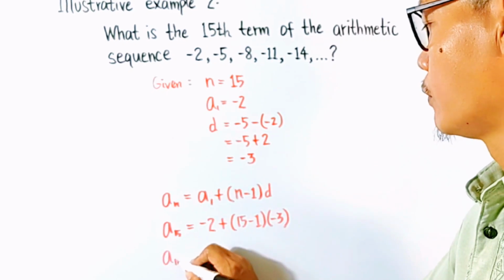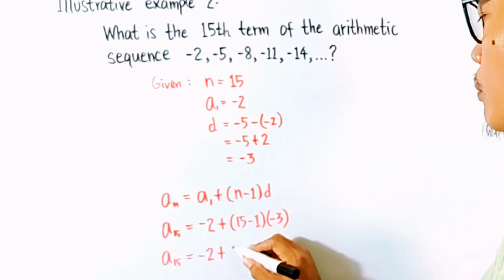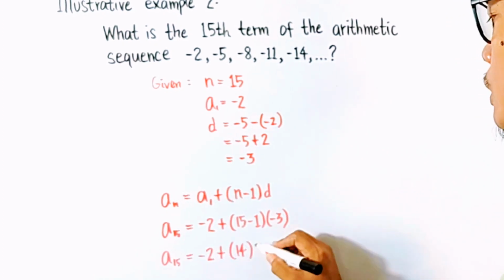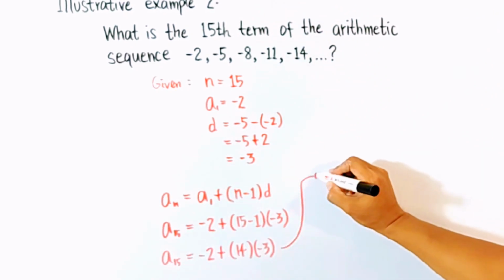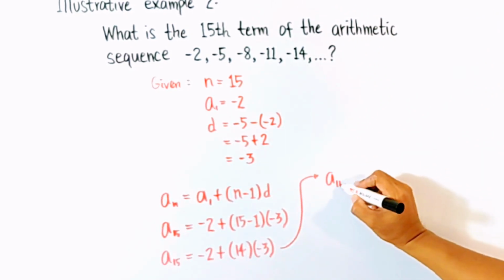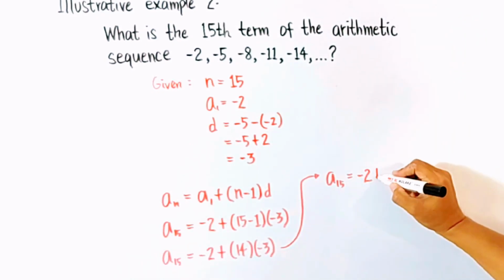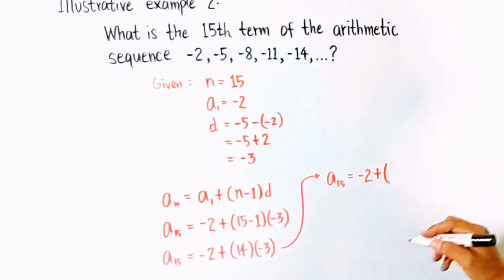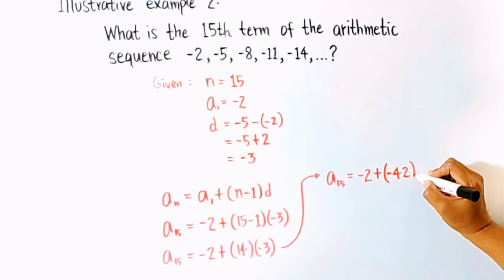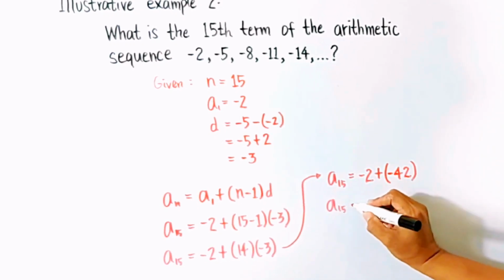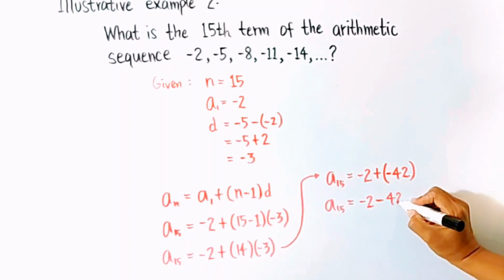So a sub 15 is equal to negative 2 plus 14 multiplied by negative 3. Then a sub 15 is equal to negative 2 plus, multiplying 14 and 3 is negative 42. Then a sub 15 is equal to negative 2 minus 42.